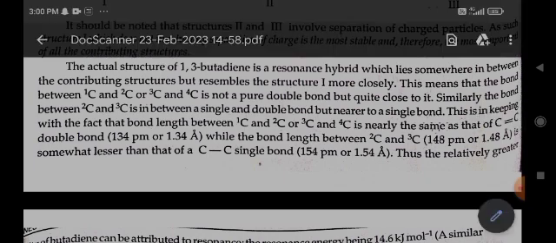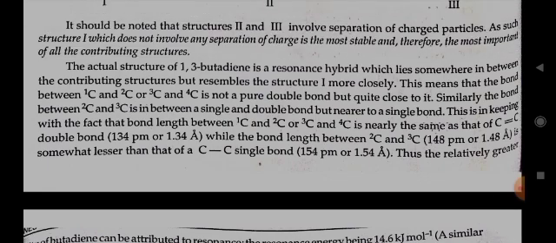The actual structure of 1,3-butadiene is a resonance hybrid which lies somewhere in between the contributing structures but resembles structure 1 more closely. This means that the bond between C1 and C2, or C3 and C4, is not a pure double bond but quite close to it. Similarly, the bond between C2 and C3 is in between a single and double bond but nearer to a single bond.